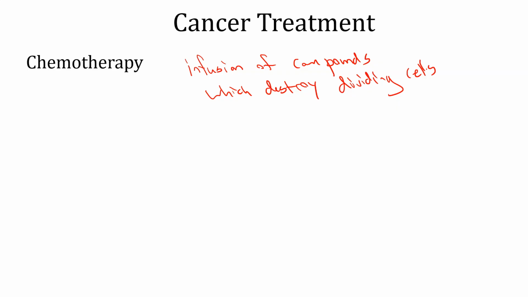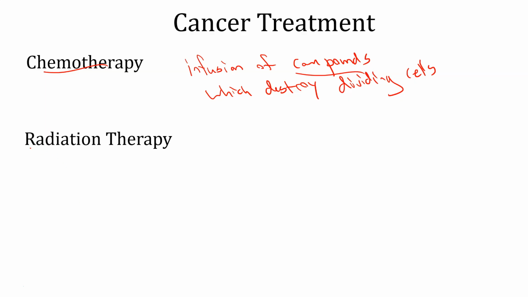But if cancerous cells are dividing rapidly, this compound can destroy all of them, because they are in fact dividing. So this can be effective, but it can also lead to a lot of collateral damage because it's killing a lot of other cells that are just normally dividing naturally.